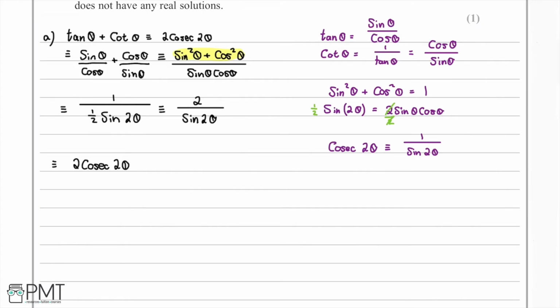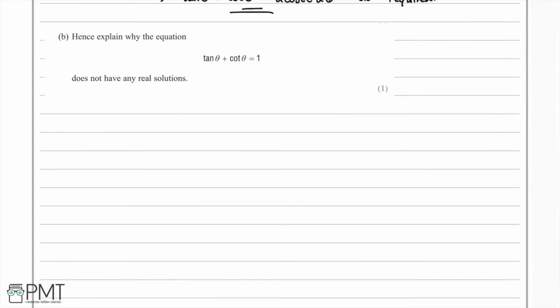So then we can just write a concluding statement such that tan theta plus cot theta is going to be equivalent to 2 cosec 2 theta as required. So now we've completed the proof. So we will now move on to part B of this question.